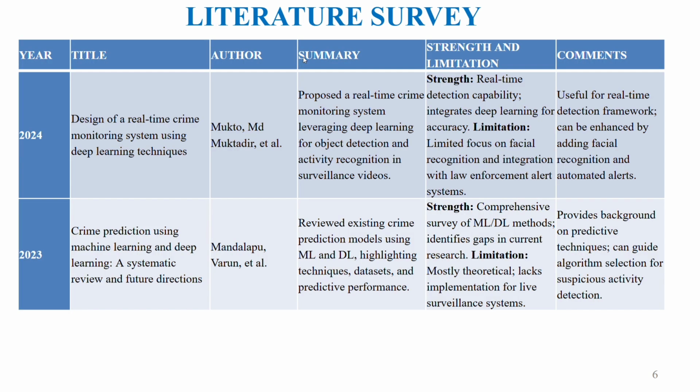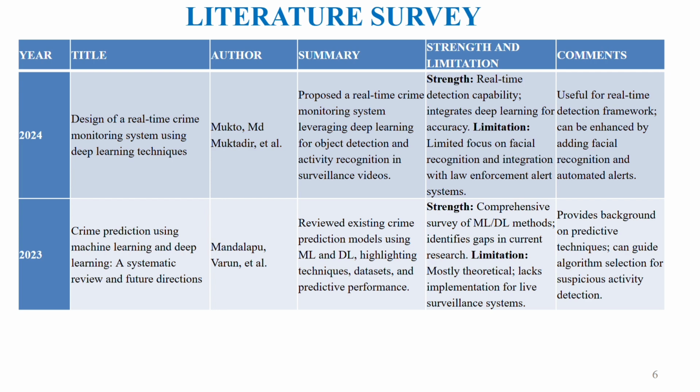Literature survey. We studied previous research on crime detection using deep learning. Some systems focus only on object detection or violence detection, but they lack integration and a real-time alert system. Our system combines all these features into one.